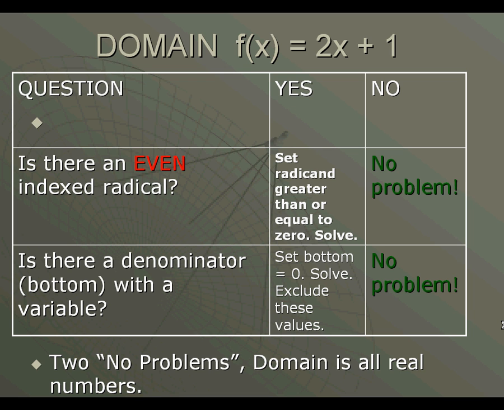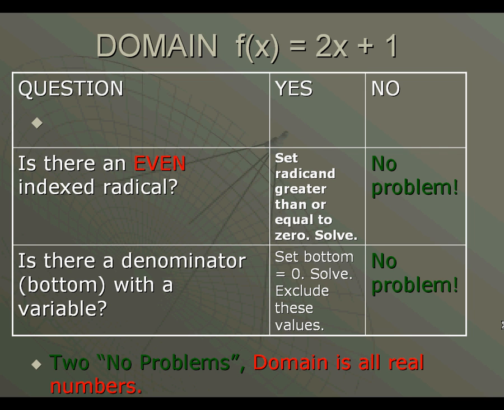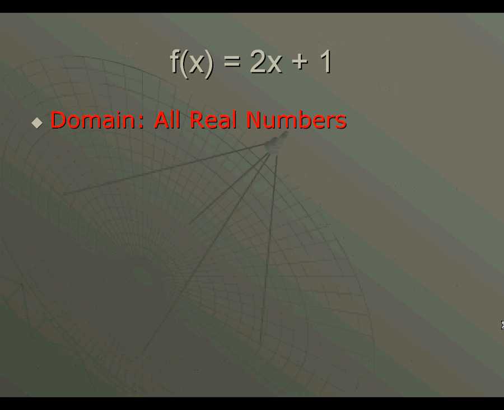But in any event, there's no denominator that has a variable in it. Now if we get two no problems, look at the bottom here, two no problems would mean that the domain is all real numbers. So the domain for this function, very quickly by following the table, we were able to see all real numbers. Let's look at the next one.